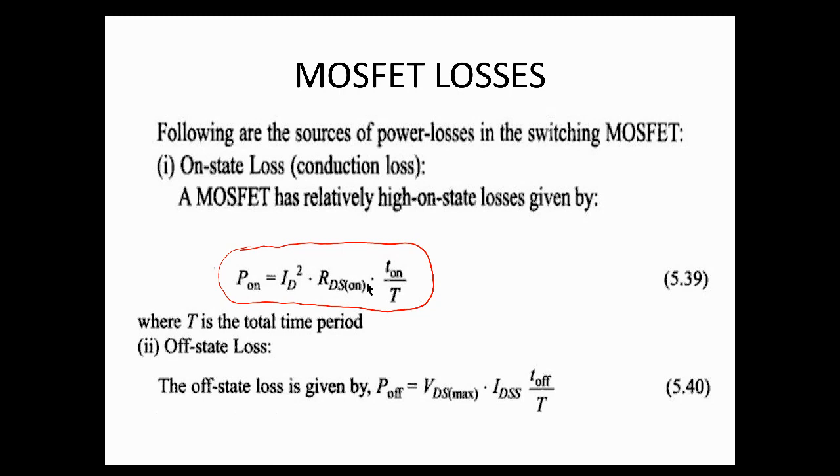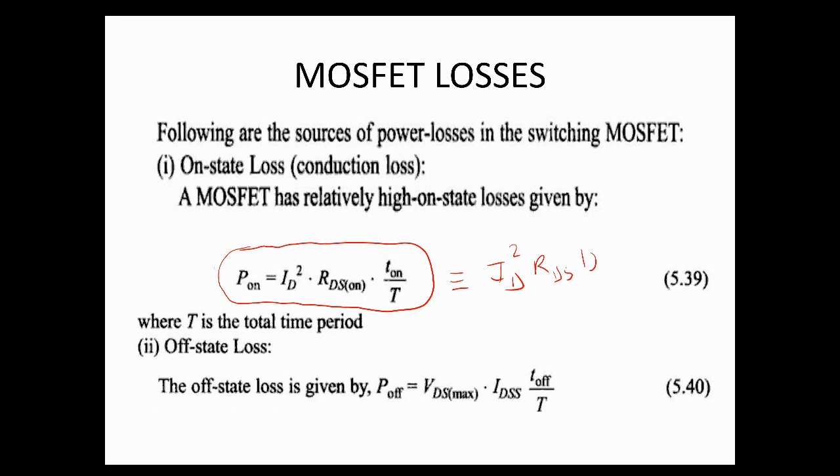So you can have it written as the square of your drain current multiplied by the drain source resistance, which you get from your data sheet, multiplied by your duty cycle. You could just use the duty cycle to get that information.